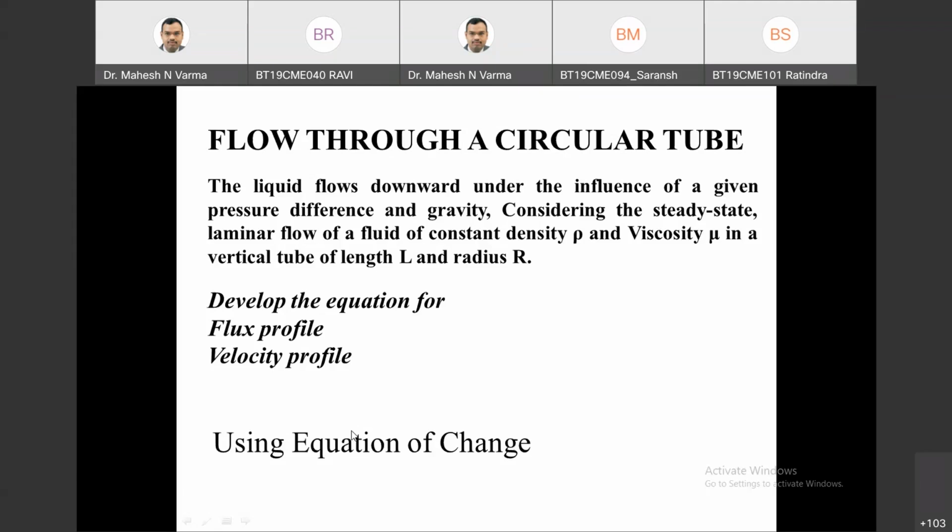Am I audible? Yes, sir. It's 41, 42. 43, Akash. Yes, sir. So how many equations of change do we have all together? What is discussed is 45 equations of change. So these are the 45 equations of change.